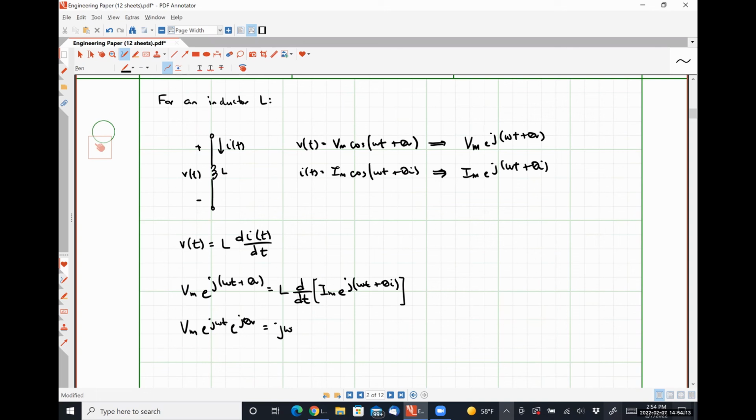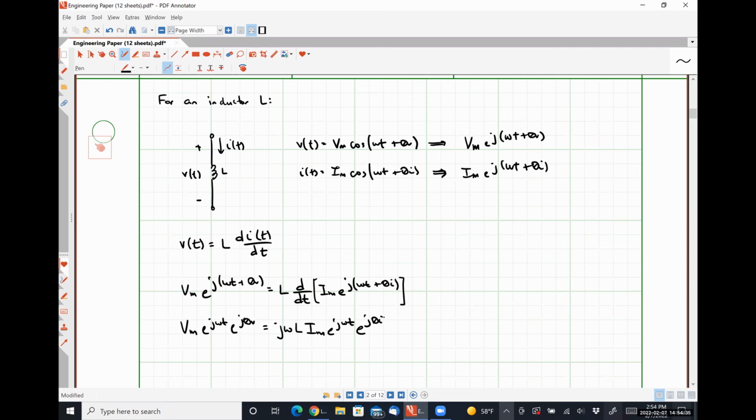So this is me taking down that coefficient. L times Im e to the j omega t e to the j theta I. Everybody okay with the math that I've done here?